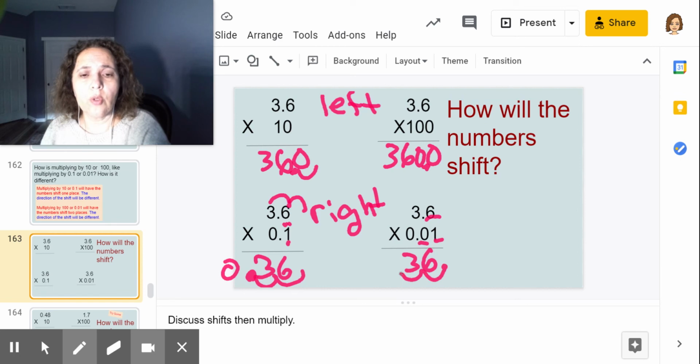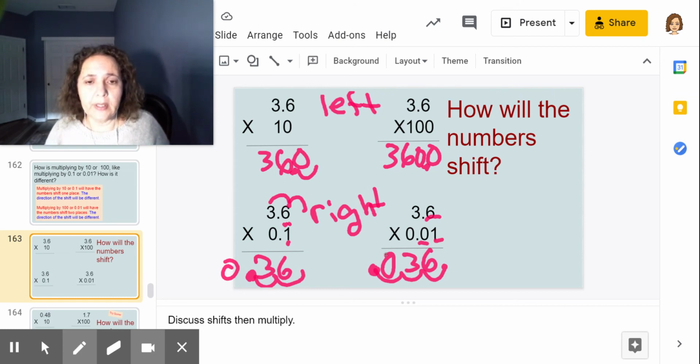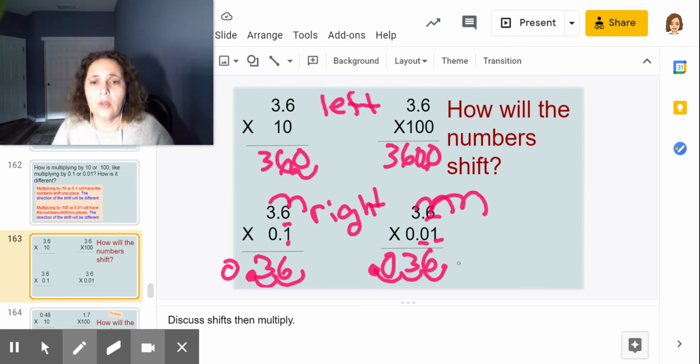The decimal is going to go there, so I've got to add a 0 to hold its place. So it becomes 36 thousandths. Did it decrease from 3.6? Yes, it decreased. The number shifted over 2 places. The 3 shifted over 1, 2, and the 6 shifted over 1, 2, which gave me my 36 thousandths.